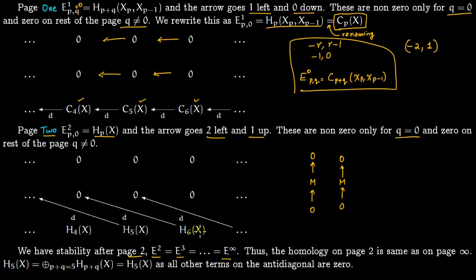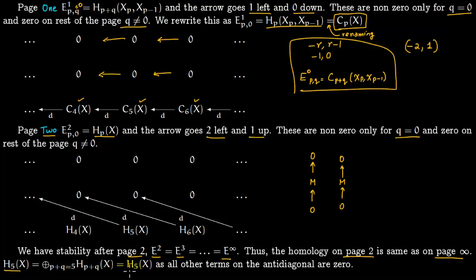So this is how page infinity will look like. So the homology on page 2 is the same as on page infinity, and we talked about computing the homology of the space: on page infinity it is nothing but taking the elements in the anti-diagonal and their direct sum. So for example, if you want to compute H5, you take elements in the anti-diagonal like this.